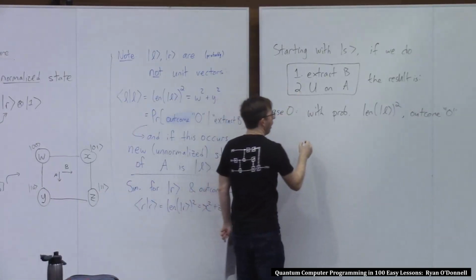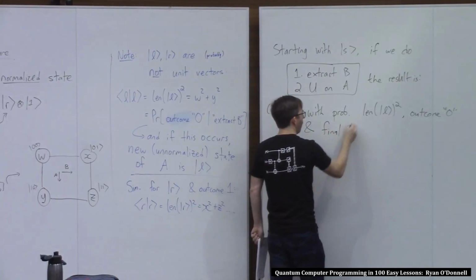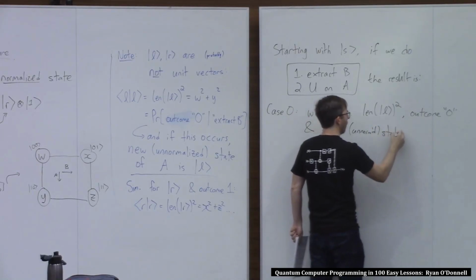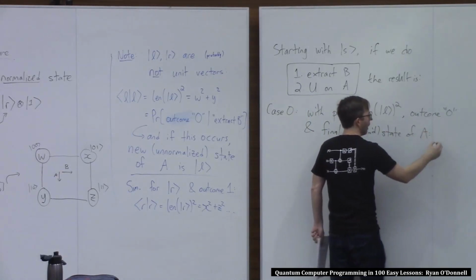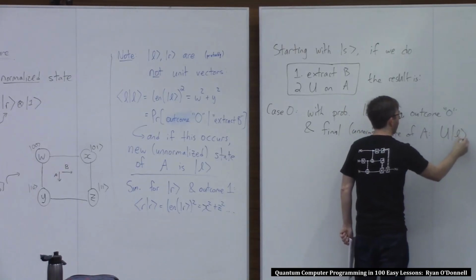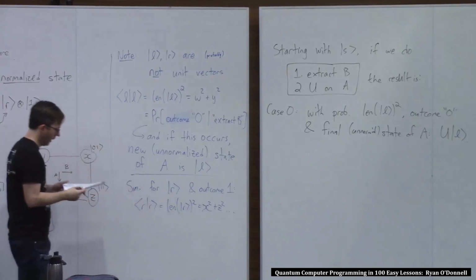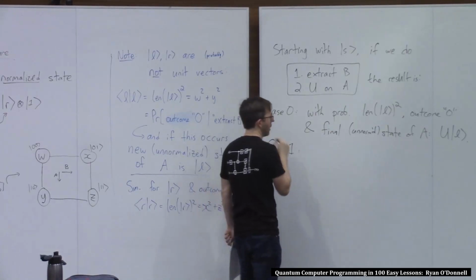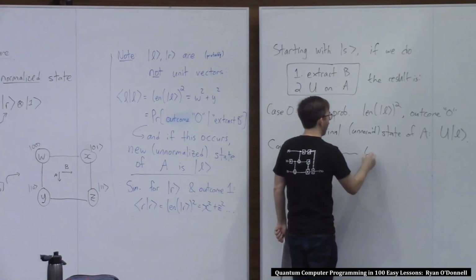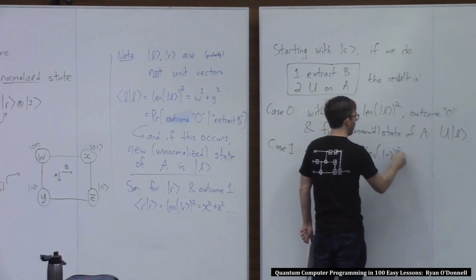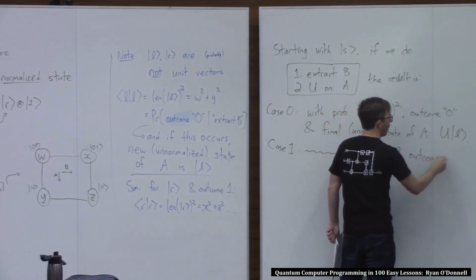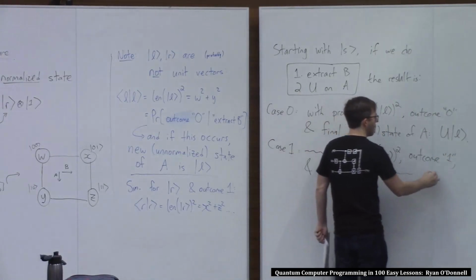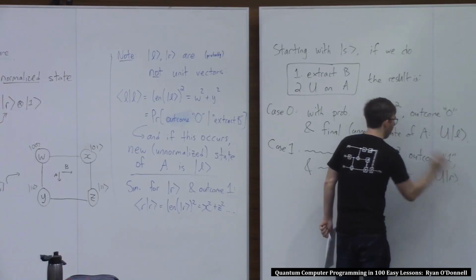So the final state of A, and this is unnormalized, that's okay, is just U applied to cat L. And case 1 is that the outcome of the extract is 1. So with probability length of cat R squared, the outcome for the extract operation is 1, and then the final unnormalized state of A is U applied to cat R.